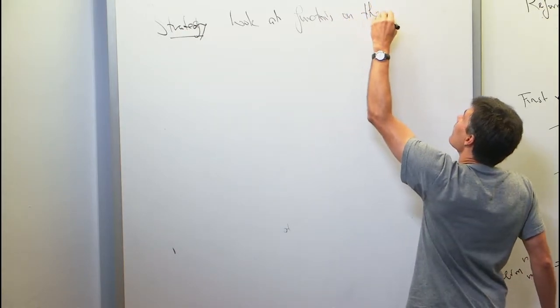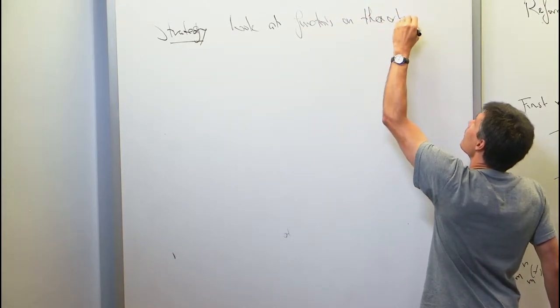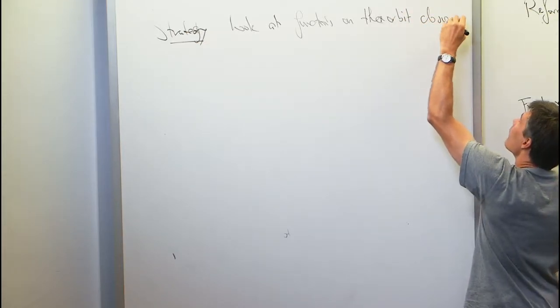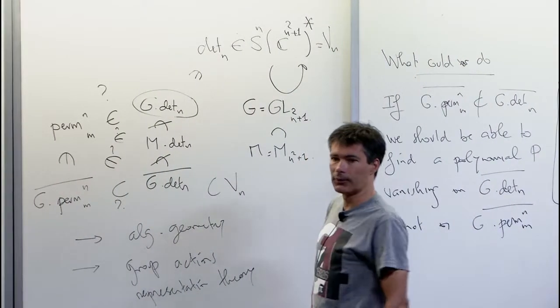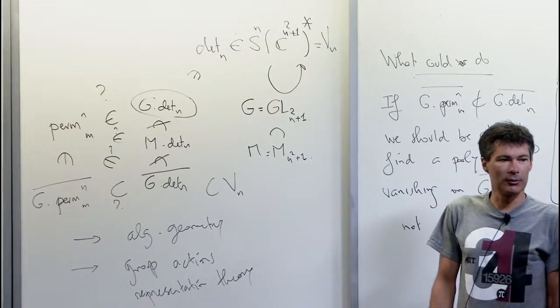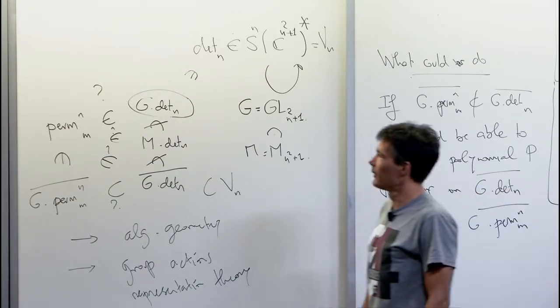And these orbits, and these orbit closures. So here I have to explain a little bit what can happen. There are some subtleties on what functions on an algebraic variety are, and you have to understand this to really understand the problem.